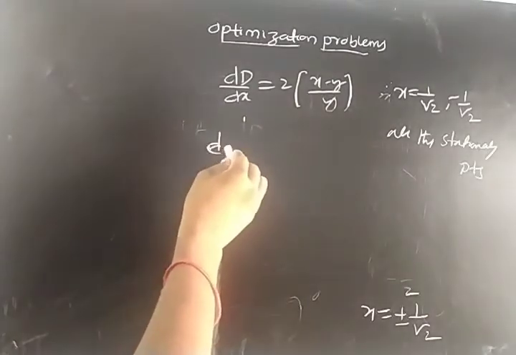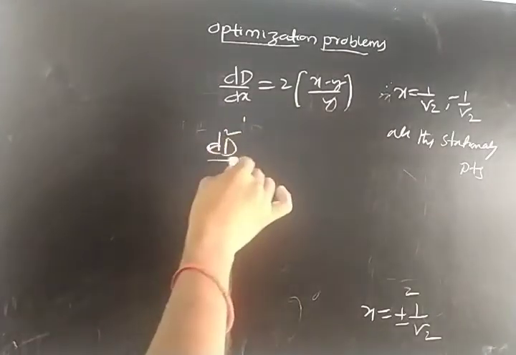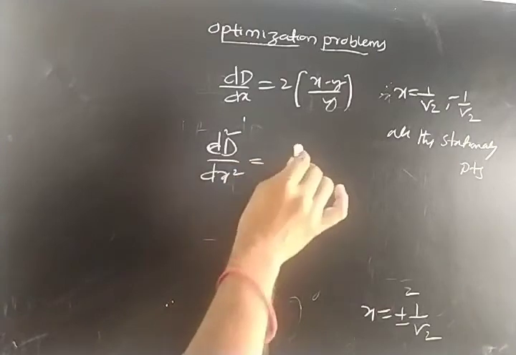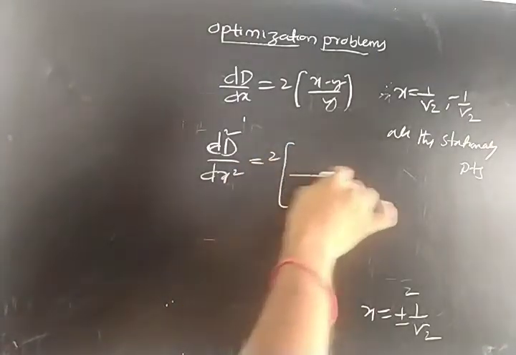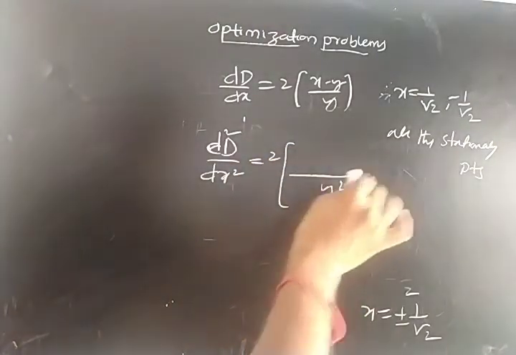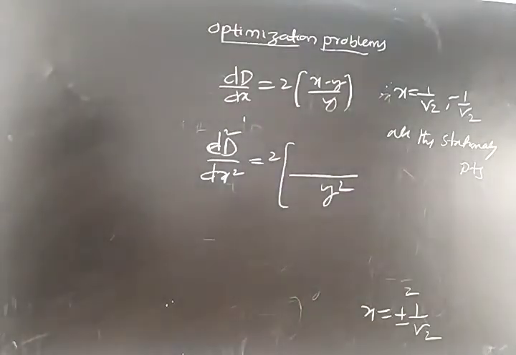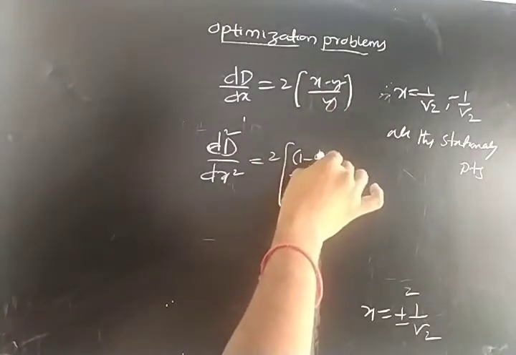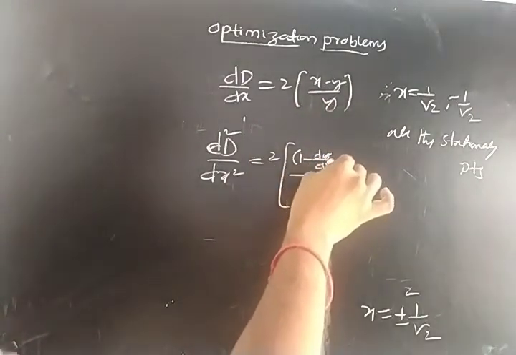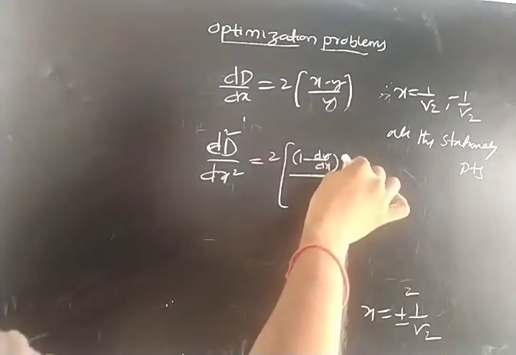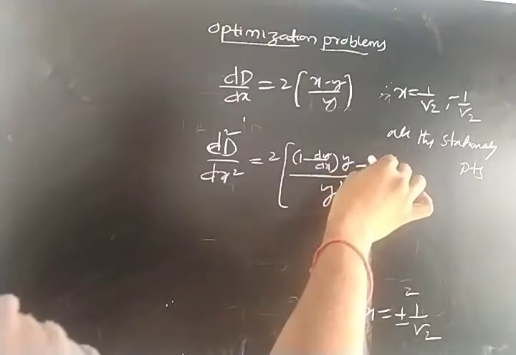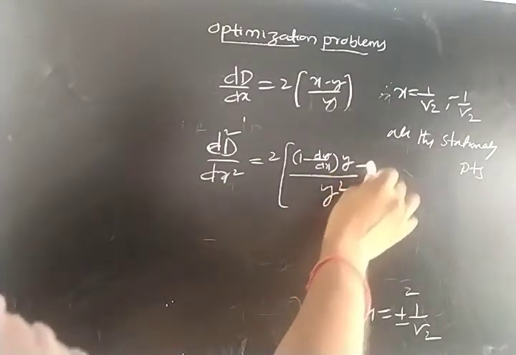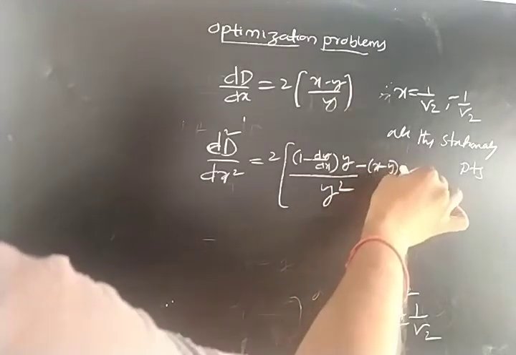maximum or minimum, I am finding the second derivative, d square D by dx square, using the u by v formula. So y square here. Next, by derivative of numerator 1 minus dy by dx, leaving the denominator y, sorry, leaving the numerator x minus y derivative dy by dx.